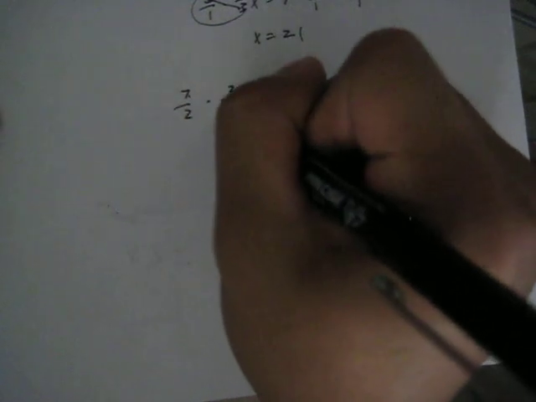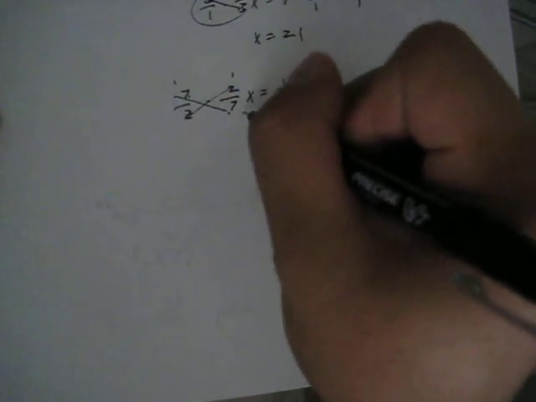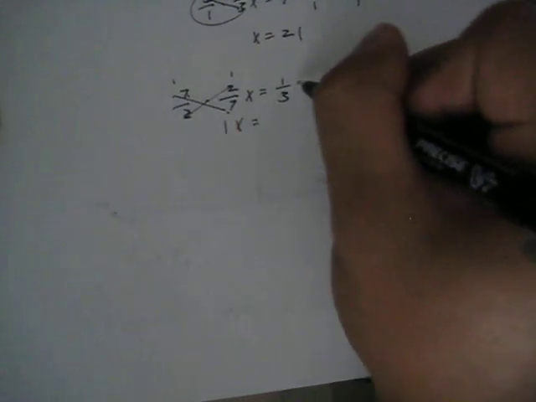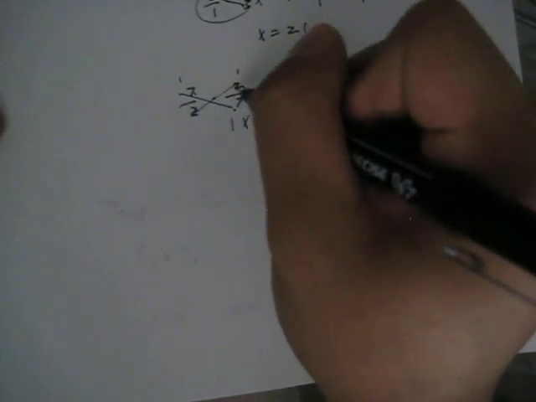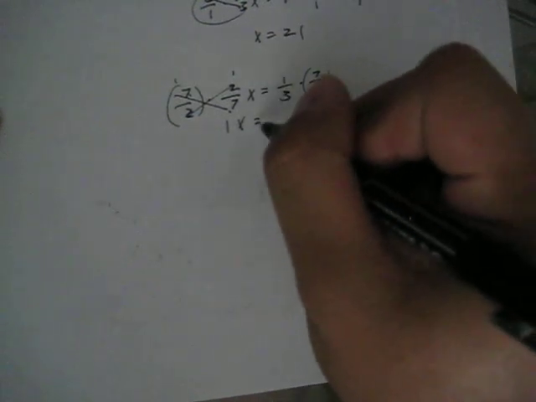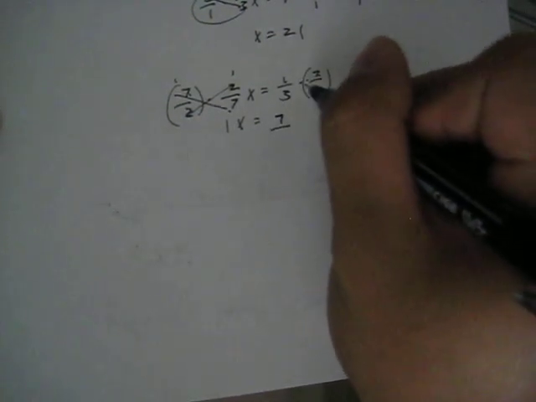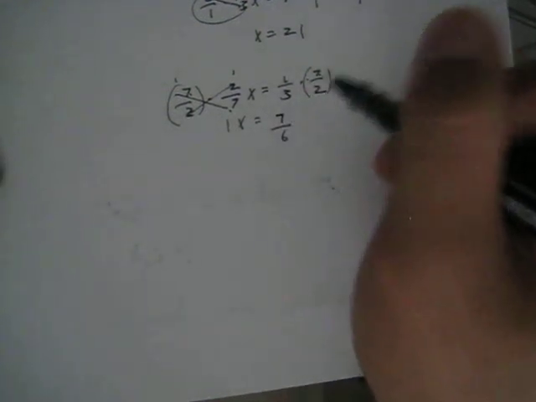Well, 7 over 2, because 7 divided by 7 equals 1, and 2 divided by 2 equals 1. So you have 1x equals 1/3 times 7 over 2, because you multiply this side by 7 over 2, so you want to do the same thing on this side. So 1 times 7 is 7, 3 times 2 is 6, so you have 1x equals 7/6.